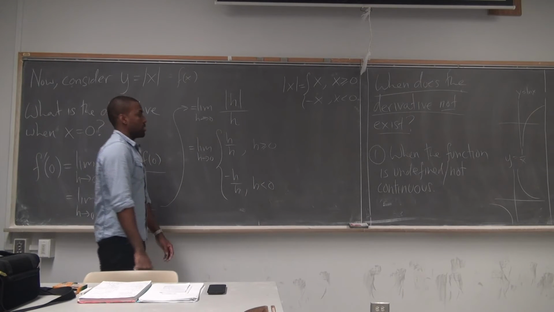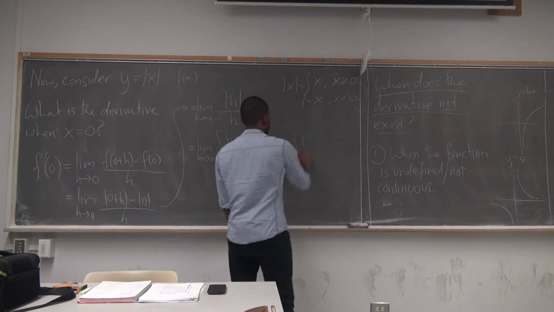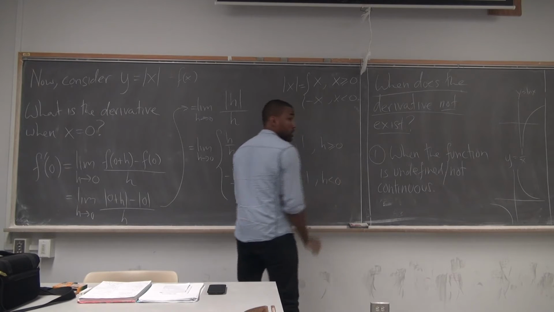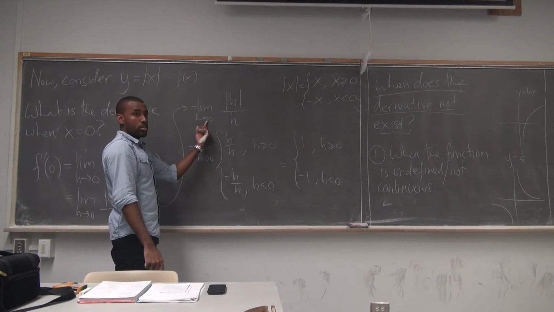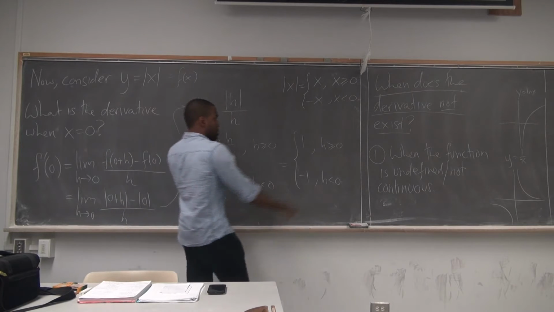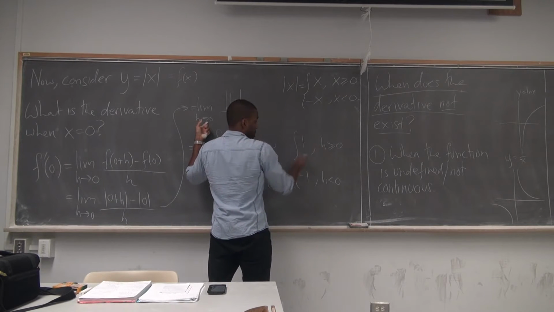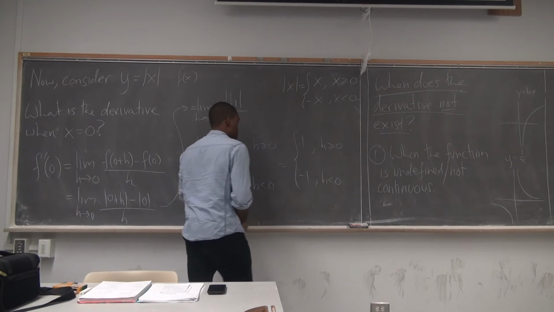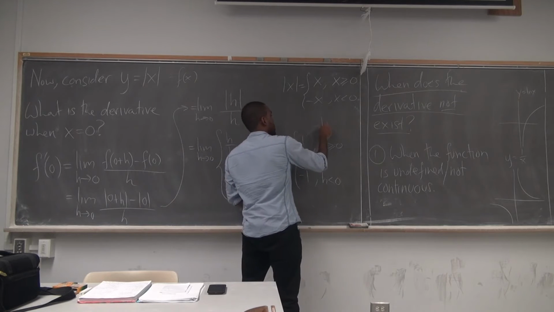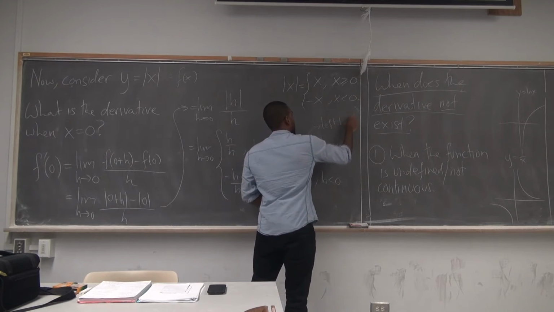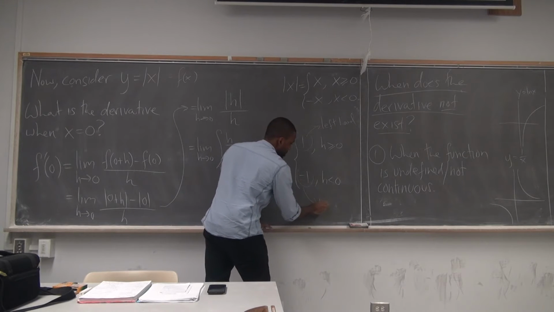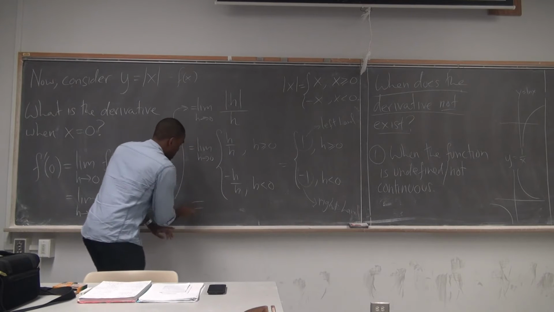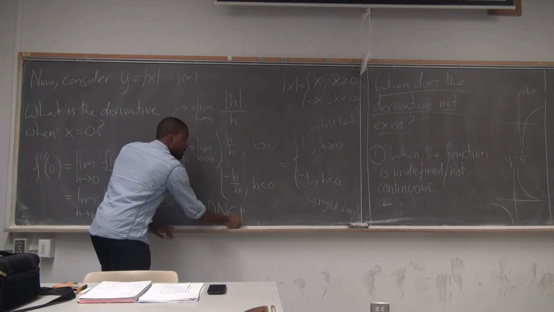Right? Which is, it's either going to give me 1 or minus 1, depending on what side of 0 I'm on. Right? But my limit is approaching 0. So basically what happens is, if I'm approaching from the right, I get 1. If I'm approaching from the left, I get minus 1. The limits don't match up. Right? So basically this guy here is going to be the left-hand limit. This guy here is going to be the right-hand limit. They're not the same. So it turns out that this guy does not exist.